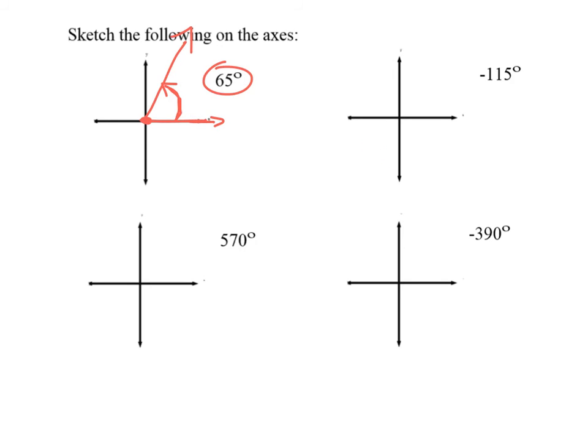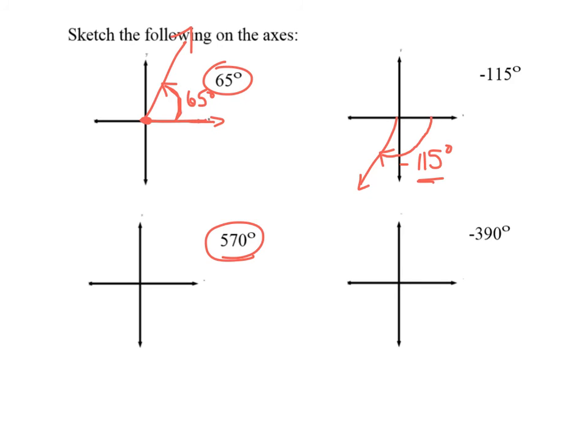Again, it doesn't have to be exact. Just kind of sketch it out. But I need to know that it started at this axis and went down, and that's how it measured it. When you're labeling, just one angle, how necessary it is, I don't know, but it's definitely a good idea. So negative 115 degrees.